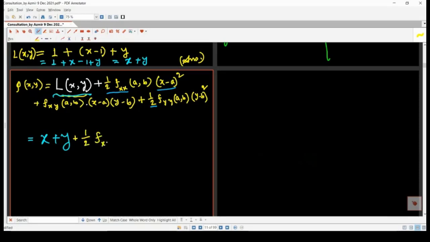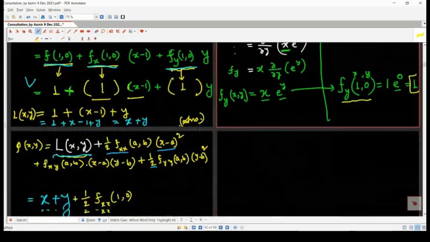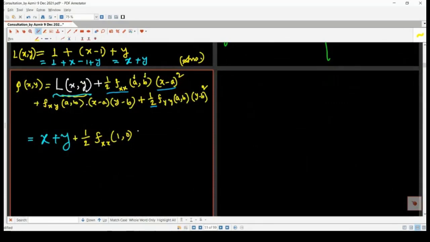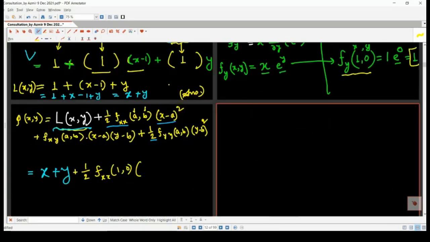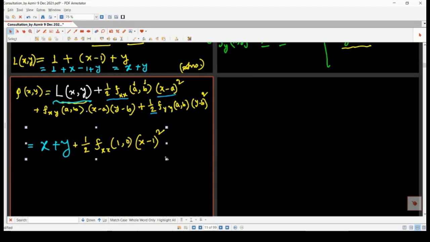1 by 2 f sub x x at a comma b. A comma b means 1 comma 0 because a value is 1, b value is 0. So I'm just inputting what is a and what is b, with x minus a whole squared. That means x minus 1 squared, plus, let me make it more compact.